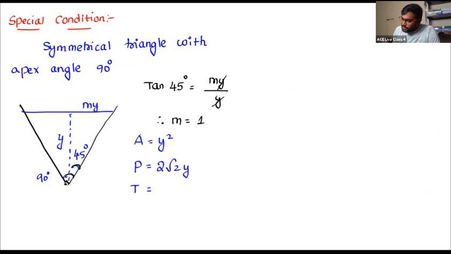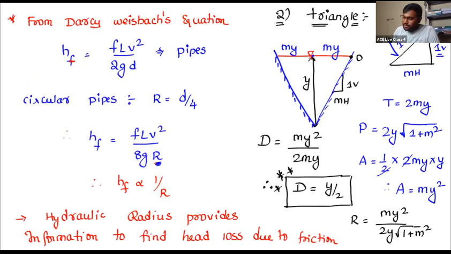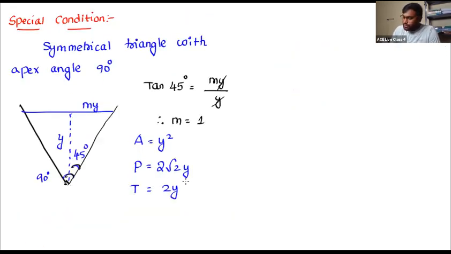Then what about the top width? 2my. The top width is equal to 2y. Yes or no? And the hydraulic depth is A by T: area y square by T, 2y. Y square by 2y, so y by 2.